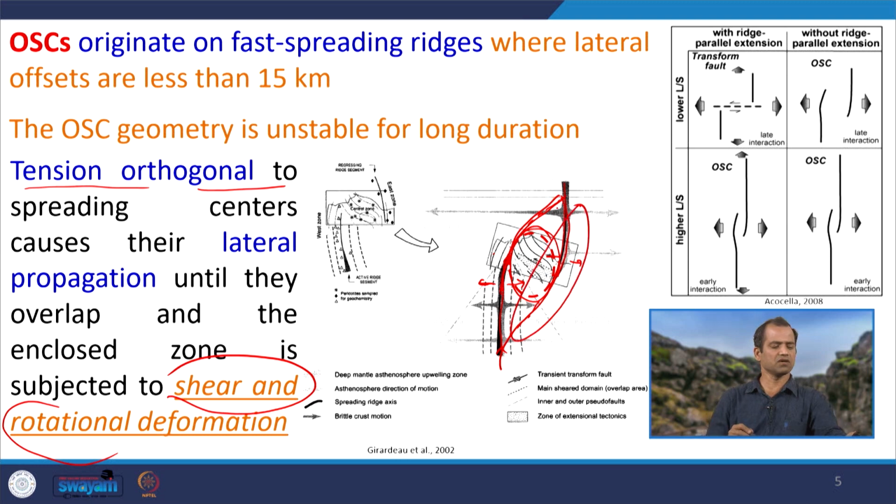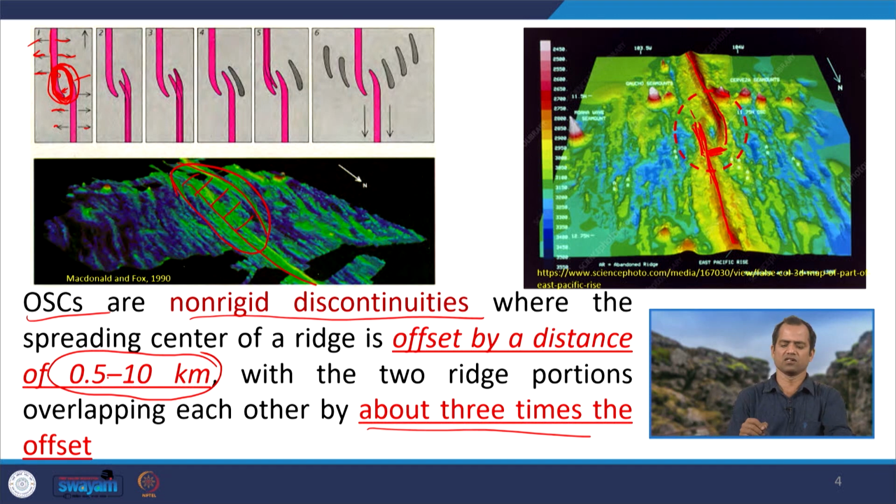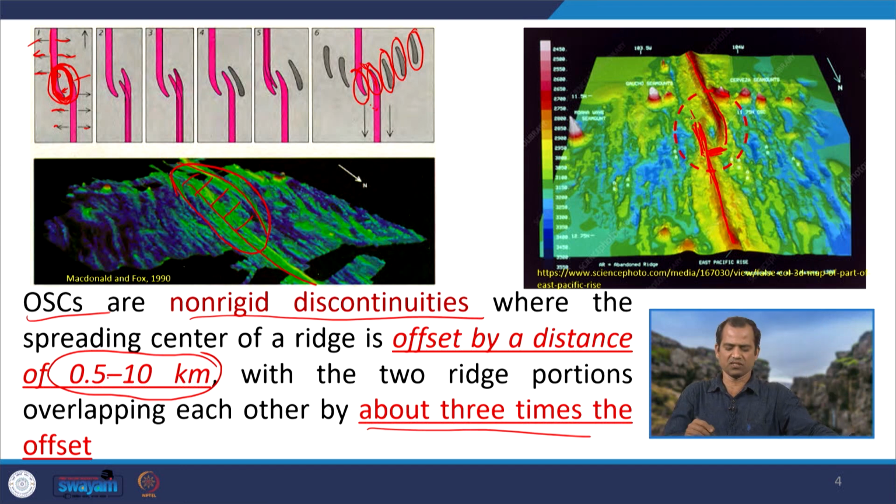These are the diagrammatic representations of these earlier ridges. If you look at the digital elevation model of this region, you will find a number of abandoned ridges lying there. These are the abandoned parts where these overlapping spreading centers were earlier existing.